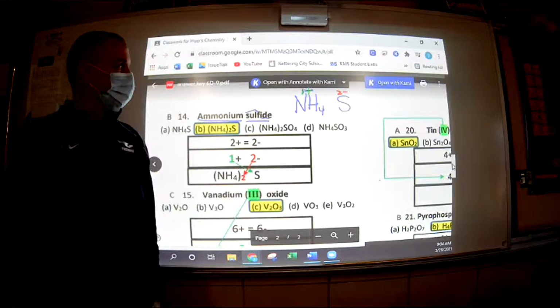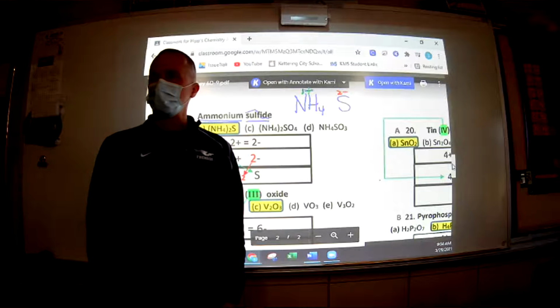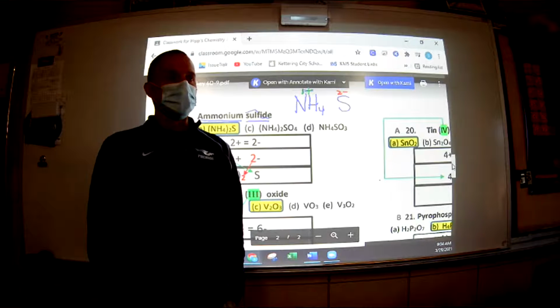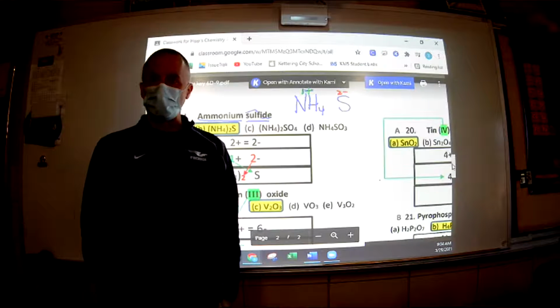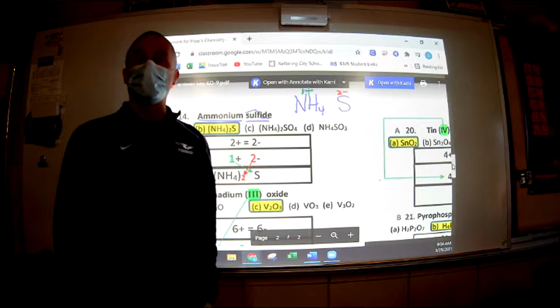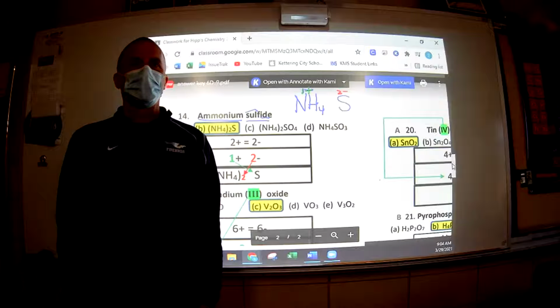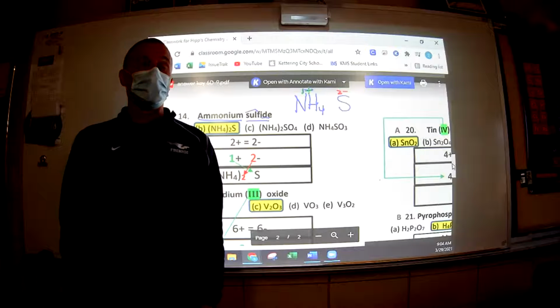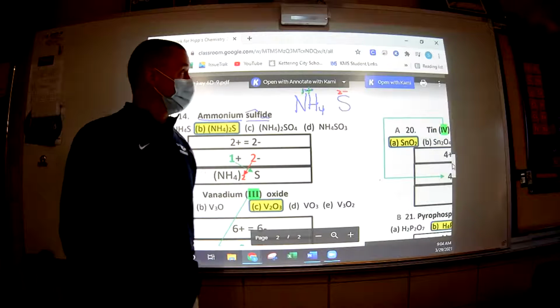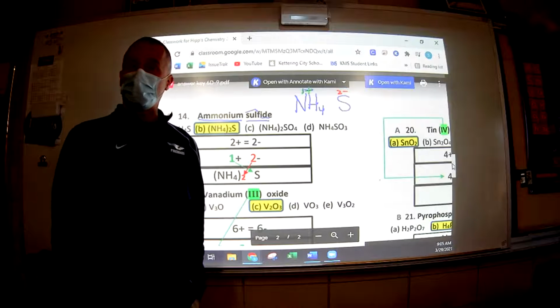Can a 1 and a 2 be reduced? No, you cannot reduce those. That's already the simplest whole numbers we have. So then we use the crisscross method to get the, I guess you could call it the lowest common multiple, least common multiple right there, yes?